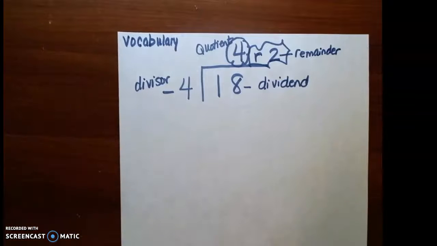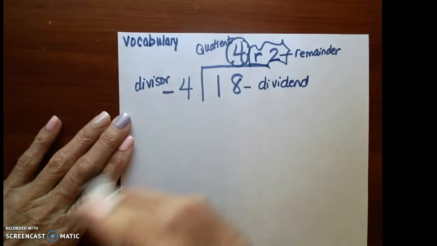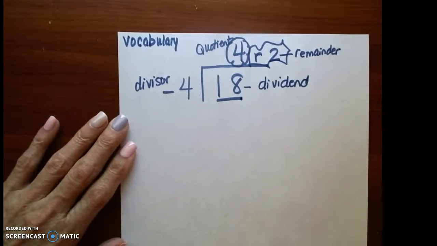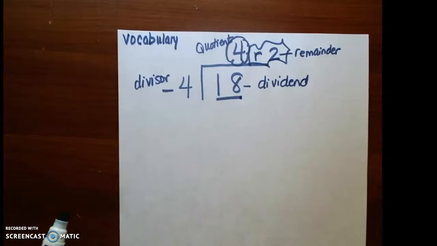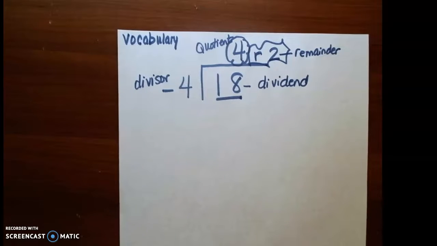So what does all this mean? Well, let's talk about the dividend. The dividend is the total number of objects that you are separating or sharing or dividing equally into groups.